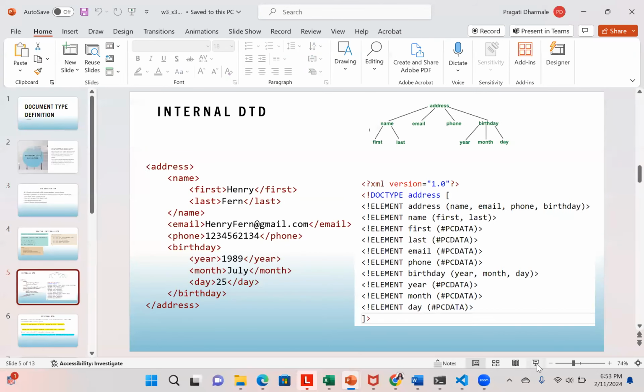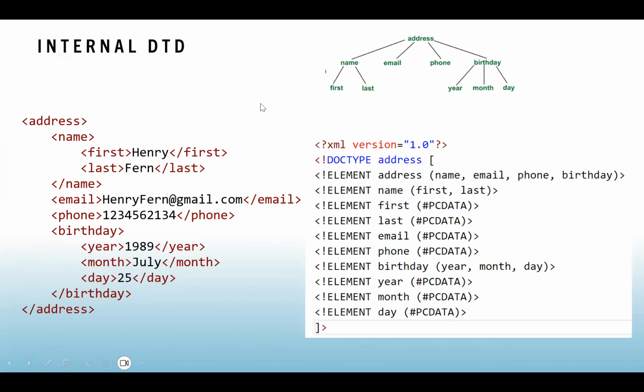Here I am trying to create this tree structure through XML, where my root element is address, and then I have the element name. Name is a parent for first name and last name. Address is the root element for name, email, phone, and birthday. And birthday is a parent for year, month, and day.